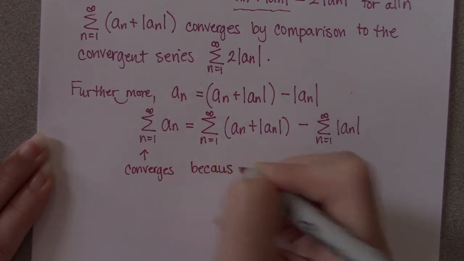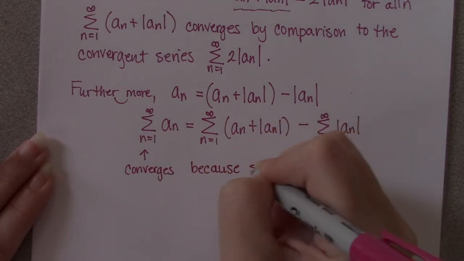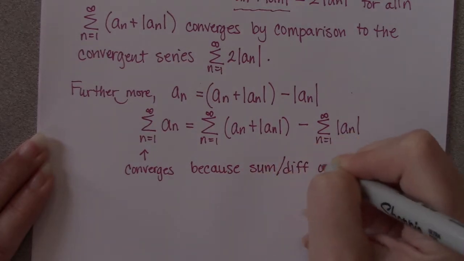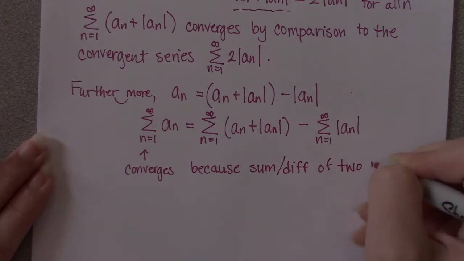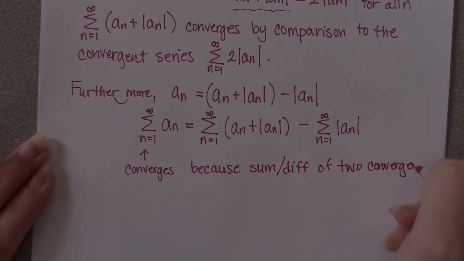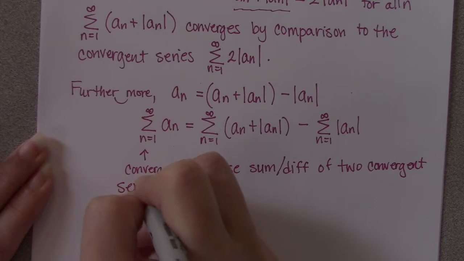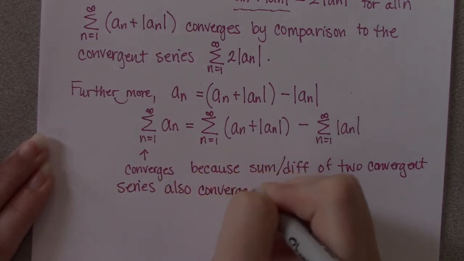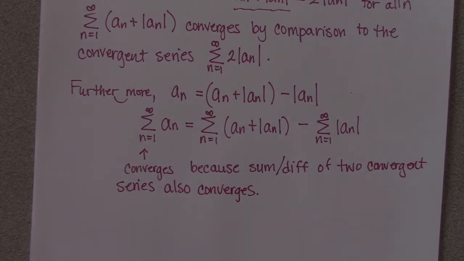because earlier when we learned our property of series, we saw the sum or the difference of two convergent series also converges. So if you go back and look at those properties when we first started looking at summations, I said, let series A sum to A, let series B sum to B, and we said, if you add series A to series B, the answer was A plus B, right?